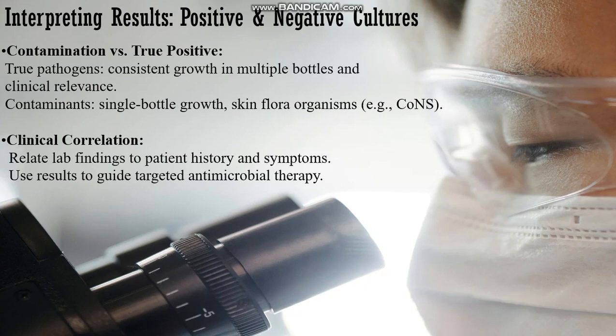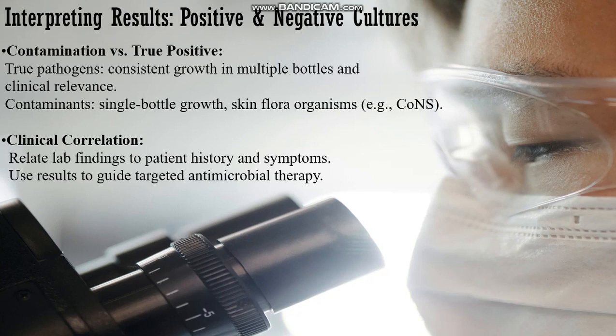Contamination, you will see a lot. You will see 6 bottles for one patient, with only 1 positive bottle for, let's say, Staph epidermidis. So that's usually how we distinguish. By the way, if I find coagulase-negative staph in 4 or 6 bottles from one patient, usually it's considered to be pathogenic.